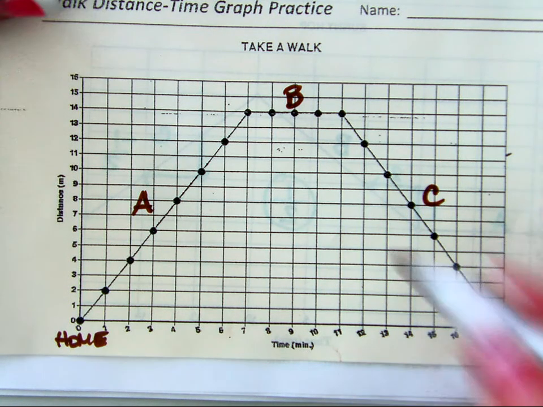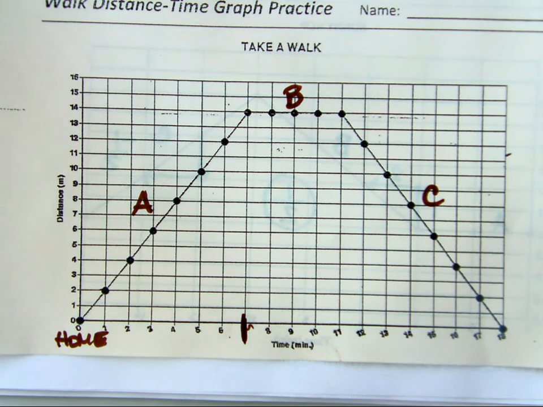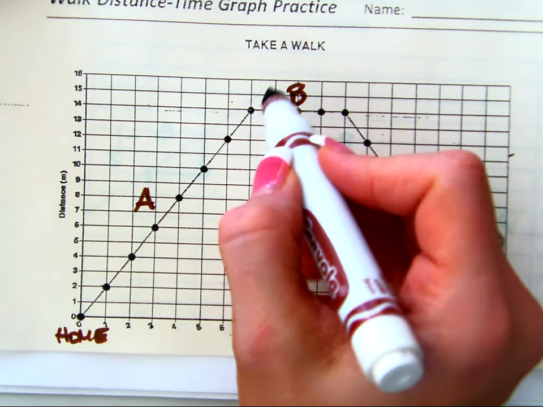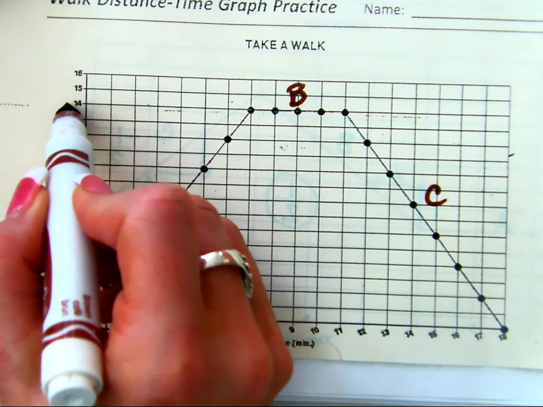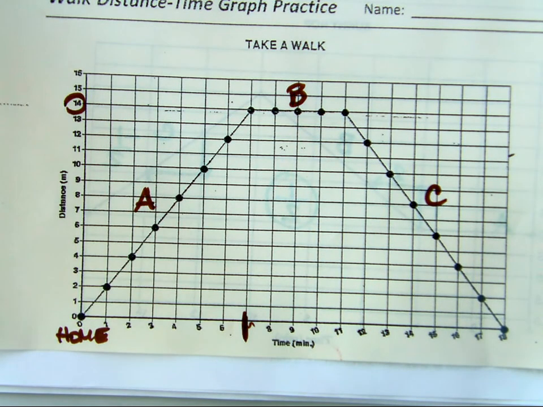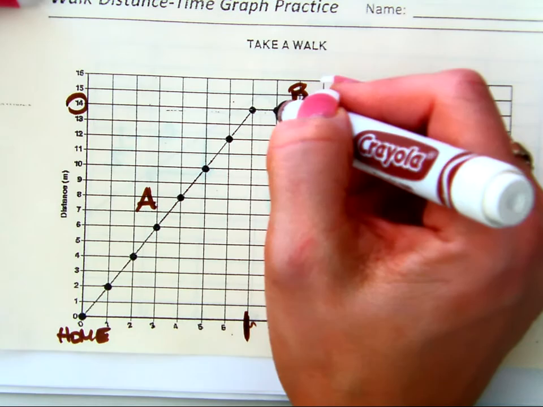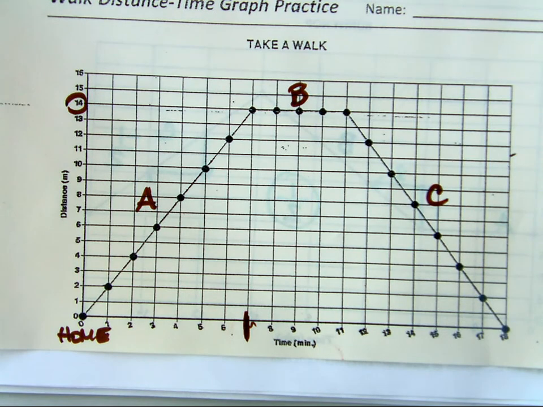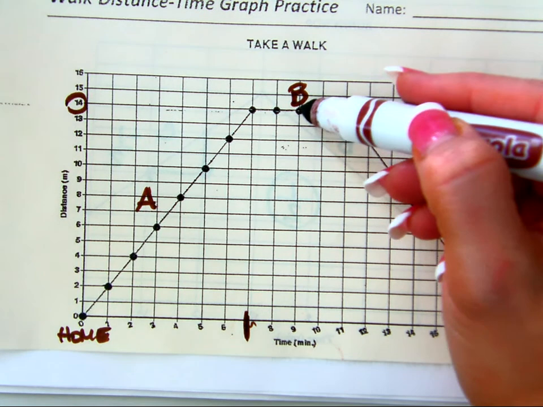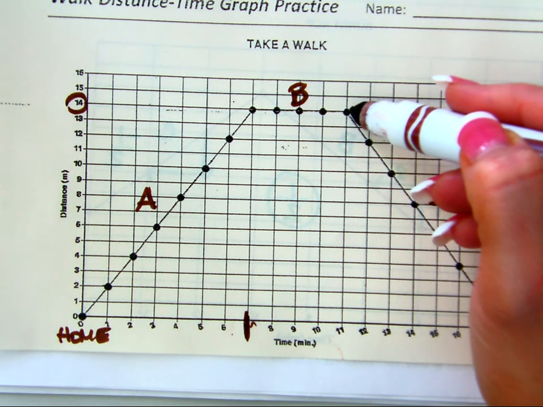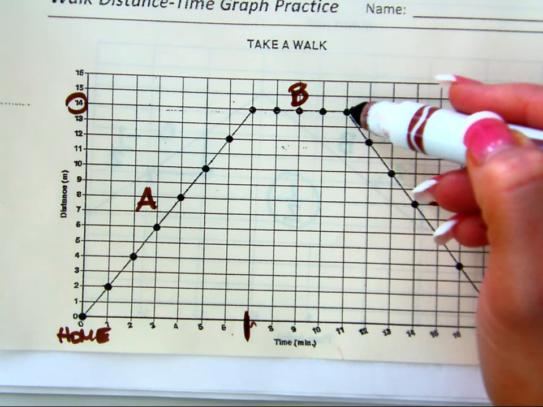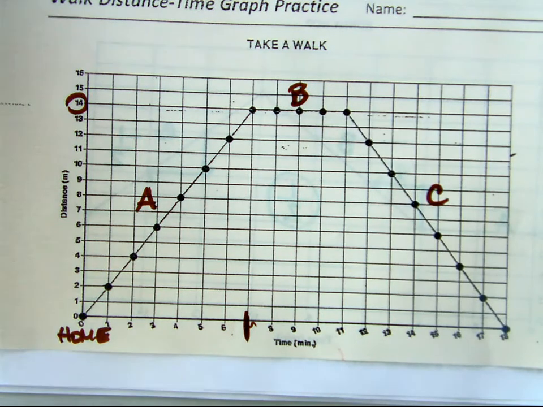7 minutes. At 7 minutes, how far are you from home? 14 miles. At 8 minutes, how far are you from home? 14 miles. At 9, 10, at 11 minutes, how far are you? So what's happening in a horizontal line when distance is your y-axis?